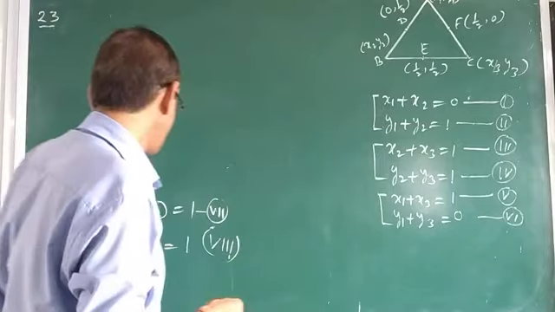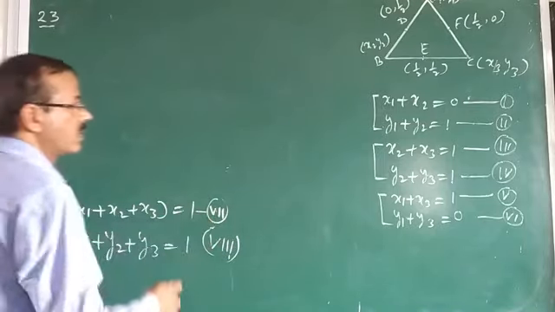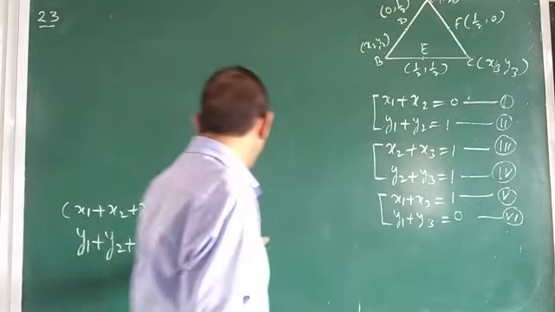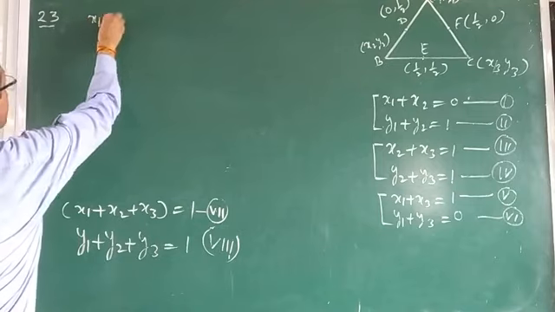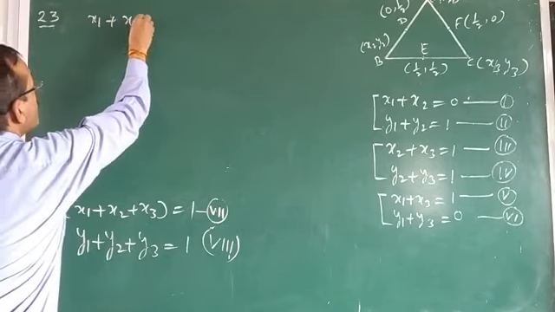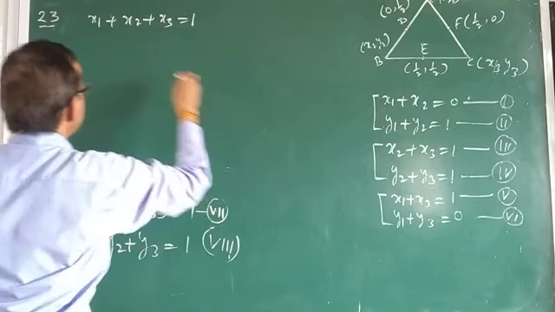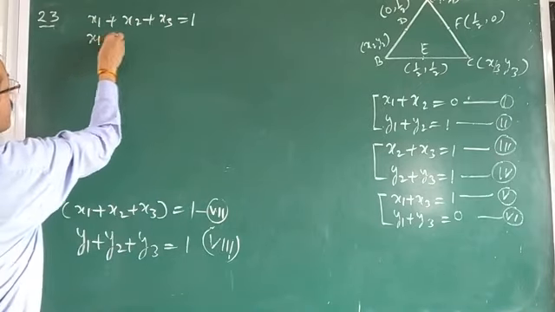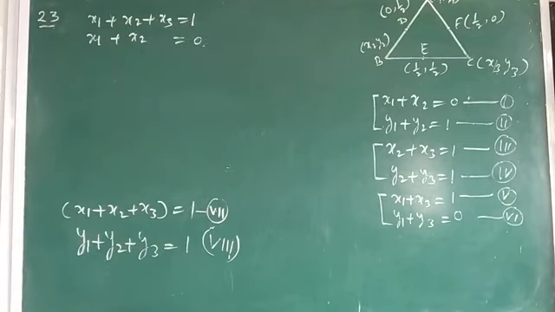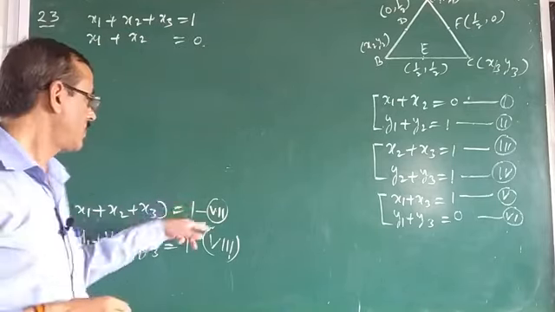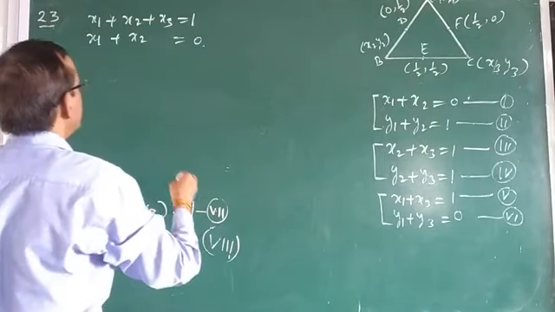So subtract the first equation from the 8th. So x1 plus x2 plus x3 is equal to 1, and first x1 plus x2 is equal to 0.